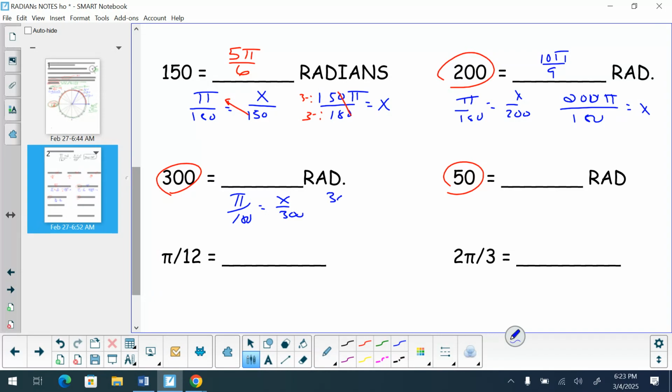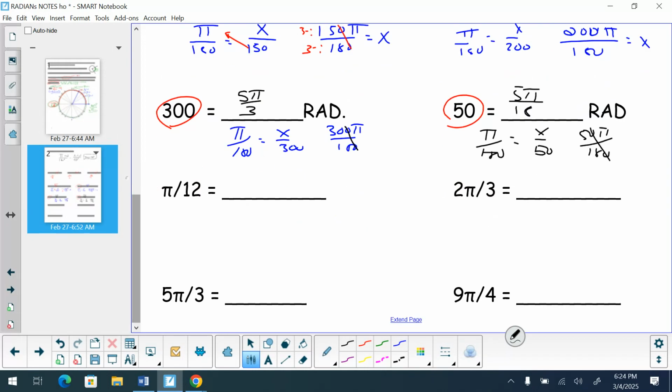So we have 300 pi over 180. Take the zeros out here. And then we take 6 out of top and bottom. So we have 5 pi over 3. And lastly, we should have pi over 180 equals x over 50. 50 pi over 180, zeros cancel out, 5 pi over 18.